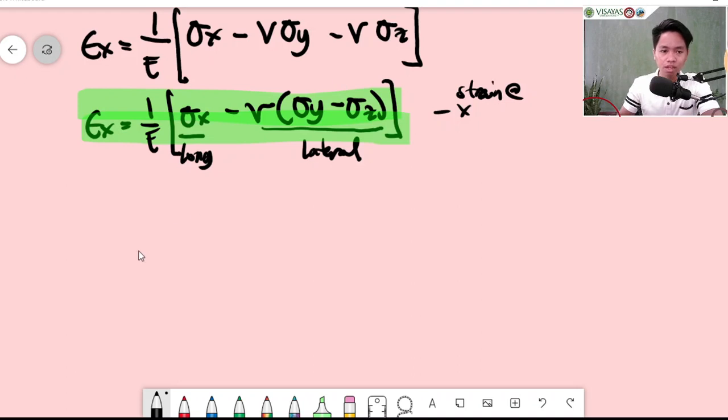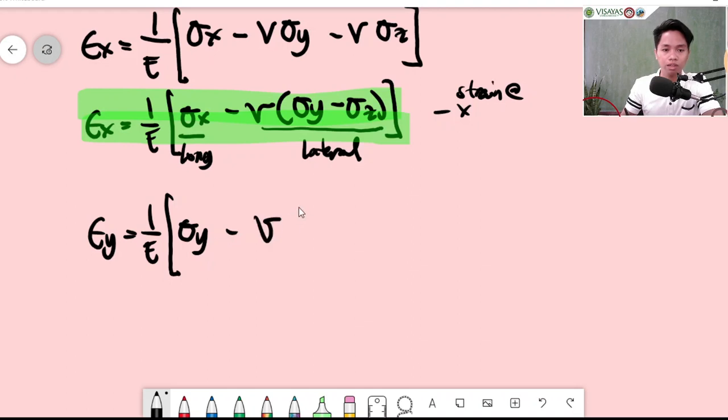Anyway, if you are solving for the strain at y, to make it easier, y is the strain you are looking for. So y is your longitudinal, so the first term is the stress at y. Then the remaining ones are obviously lateral, so this would be x and z.